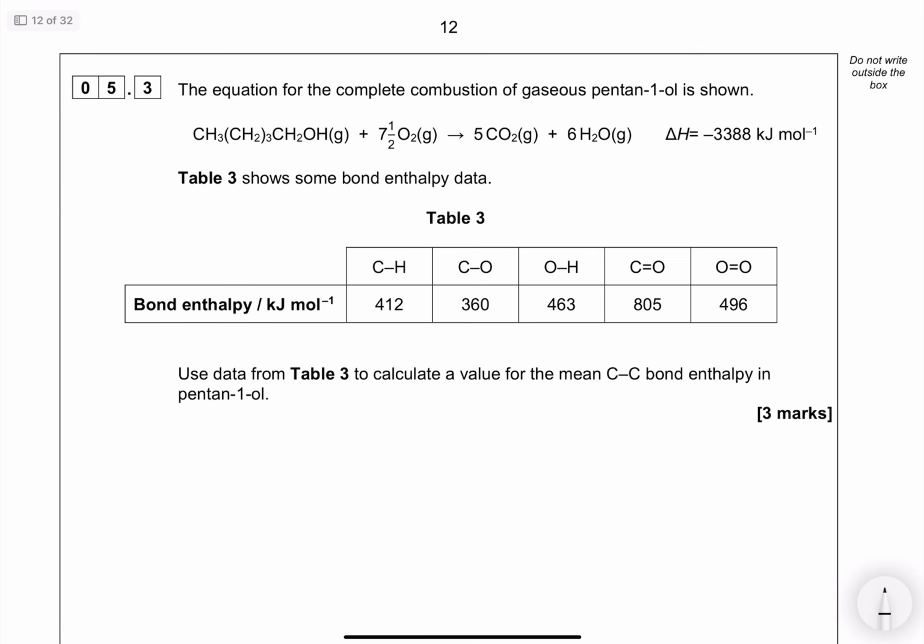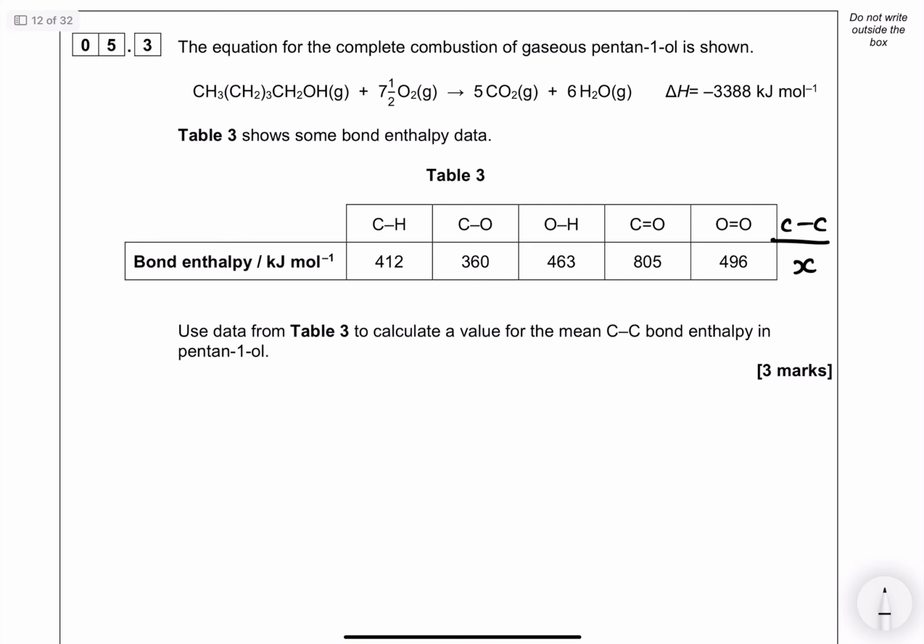The equation for complete combustion of gaseous pentan-1-ol is shown. Table 3 shows some bond enthalpy data. Calculate a value for the mean C-C bond. I'm going to add it to the table and call it X in pentan-1-ol. We need to draw out the structure so that we can count all the bonds.